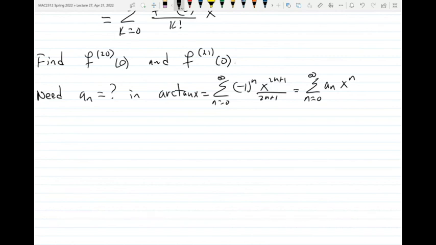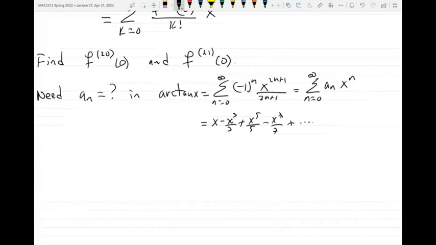Now, as you know, the only powers that survive here are the odd guys. Okay, so remember, this is x minus x cubed over 3 plus x to the 5 over 5 minus x to the 7 over 7, etc. Okay, so we can immediately say that when n is even, a_n is going to be equal to 0, right? And only when n is odd, then a_n is going to be the coefficients, which is either 1 or negative 1 over 3 or 1 over 5 or negative 1 over 7, and so on, right?